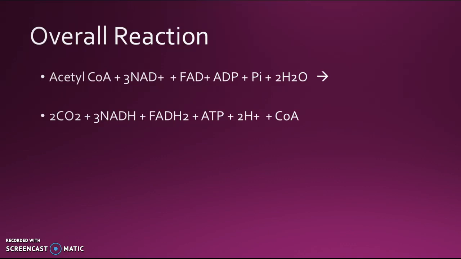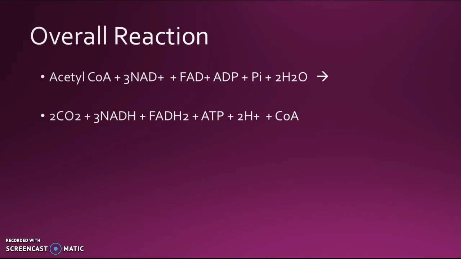You start with acetyl-CoA, NAD+, FAD, ADP, Pi, and H2O, and the most important parts are your acetyl-CoA, NAD+, and FAD.